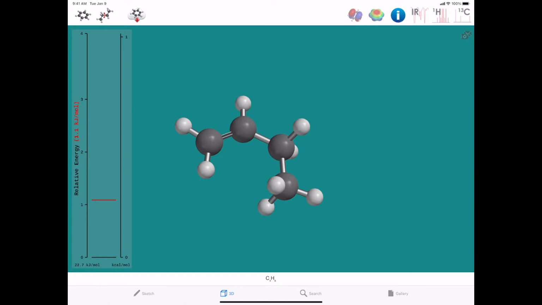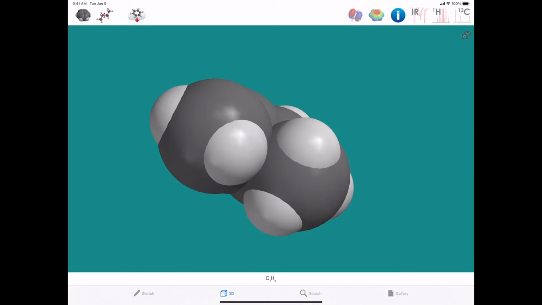Attached to carbon 3 is this methyl group. Allylic strain refers to potential clashes between this hydrogen and this substituent. And from this point of view, it doesn't totally look like they're touching each other, but if we look at space filling, you see that? It's actually touching pretty close.